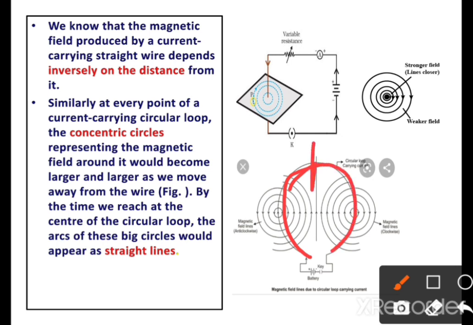At the center of the circle, by the time we reach the center of the circular loop, the arcs of these big circles would appear as a straight line. And it is clearly shown in this image. See, at the center of the circular loop, the magnetic field line is a straight line. That means the arc became straight when it reached the center.